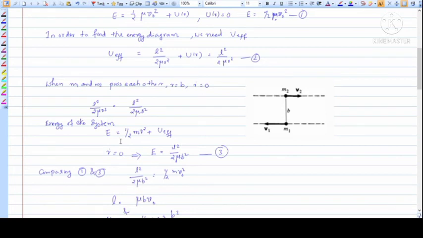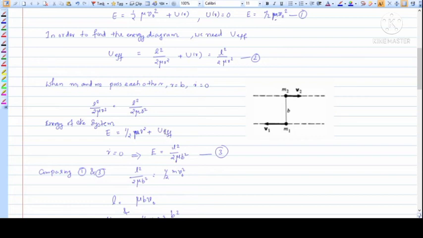It is not m, it is mu. So at this point the energy of the system is half mu R dot square plus U effective, and in this case R dot is equal to 0 and energy is equal to L square by 2 mu B square.